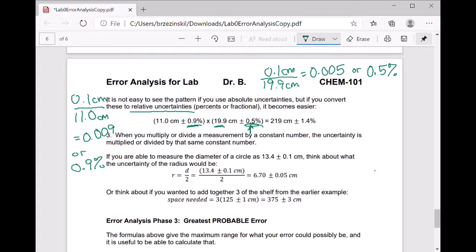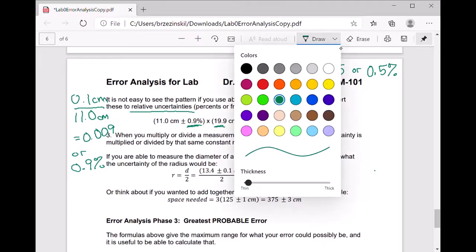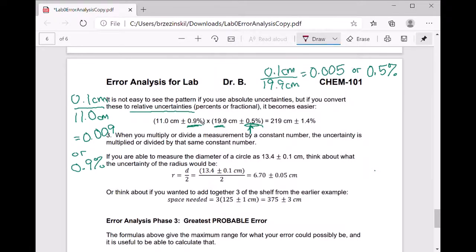Then when we add the relative percentages, if we add the 0.9% and the 0.5%, that comes out to be 1.4%. So what is 1.4% of the 219 square centimeters?